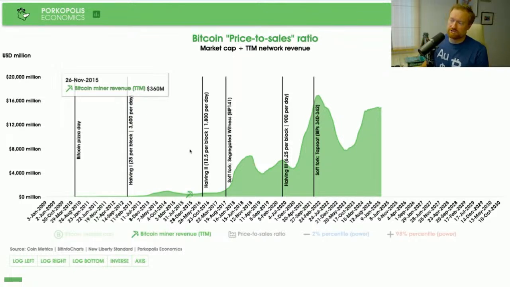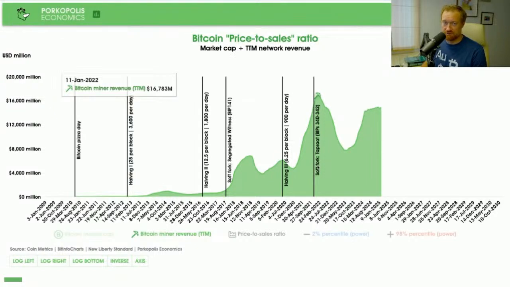To get this number in dollar terms, I'm calculating it every day. You take that rolling gross miner revenue and put it in dollar terms based on the price at the time, and you get a curve that looks like this. It's not huge, even to this day. We topped out back in January of 2022 at 16.7 billion.